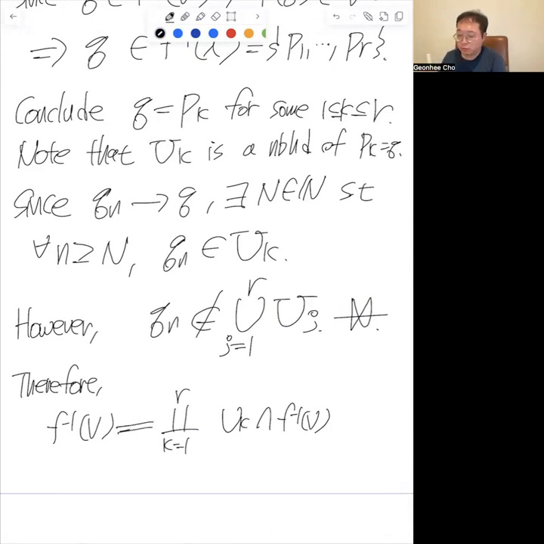Once we restrict to each of the pieces, they are homeomorphisms. Thus we can also say B is evenly covered. The only non-trivial part was establishing this equality, and the proof is over.